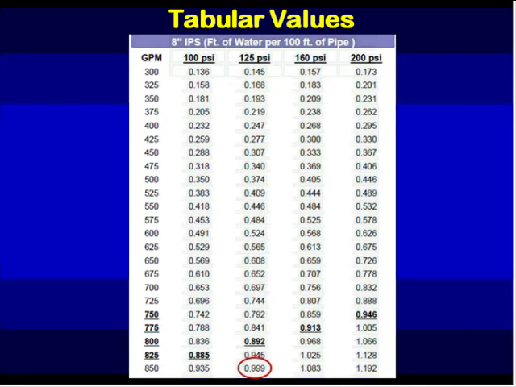There are a couple of things I would mention about this particular chart. On the left-hand side, we have the flow rate in gallons per minute increasing in value going down the page. Then we have 4 different types of pipeline in terms of pressure rating across the top. And lastly, down at the bottom, we've got some highlighted values.